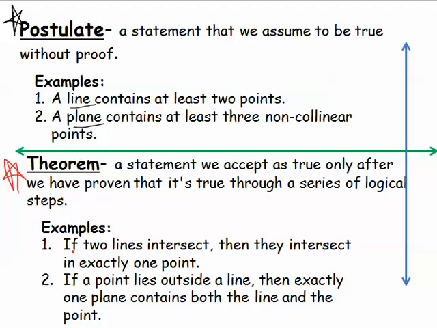An example: if 2 lines intersect, then they intersect in exactly 1 point. We have to actually show that intersection points exist with theorems. Another: if a point lies outside a line, then exactly 1 plane contains both the line and the point. Both of these are examples of theorems, and they have to be proven before we can use them.